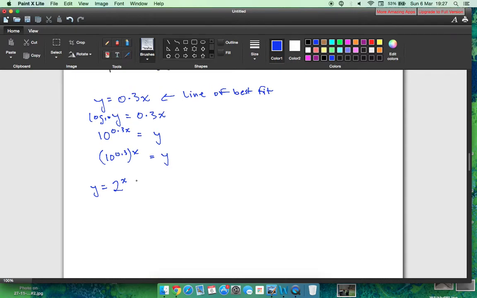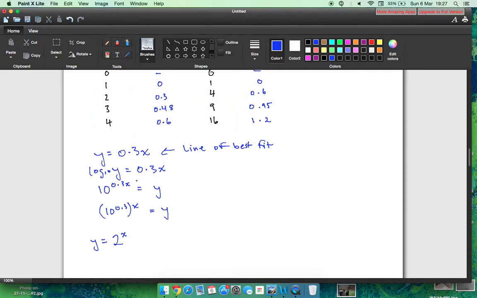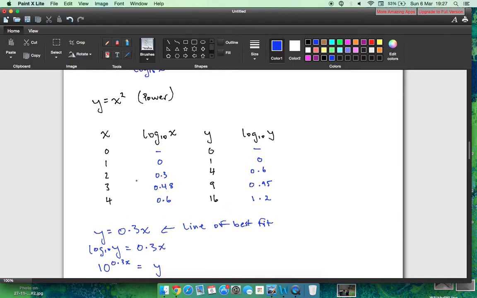Let's have a look now at our power example. So let's go back to our example of y equals x squared, our power model. Now again, in this case, we were actually given the model and we drew up a table of values, but let's just pretend that we weren't given this information. All we had was a table of x, y values, and we needed to determine the relationship between those values.